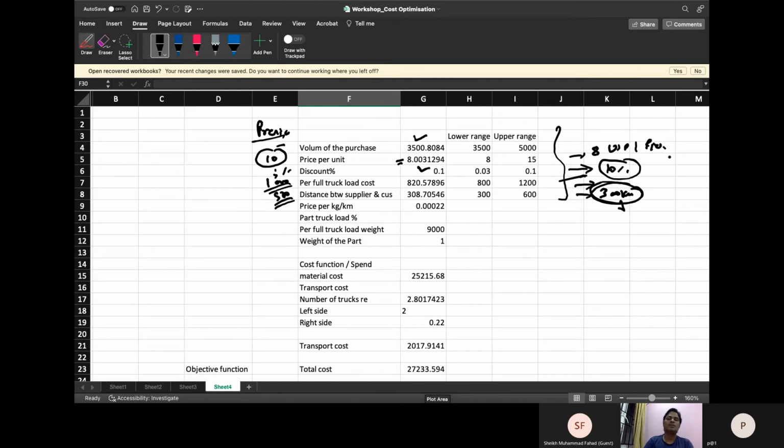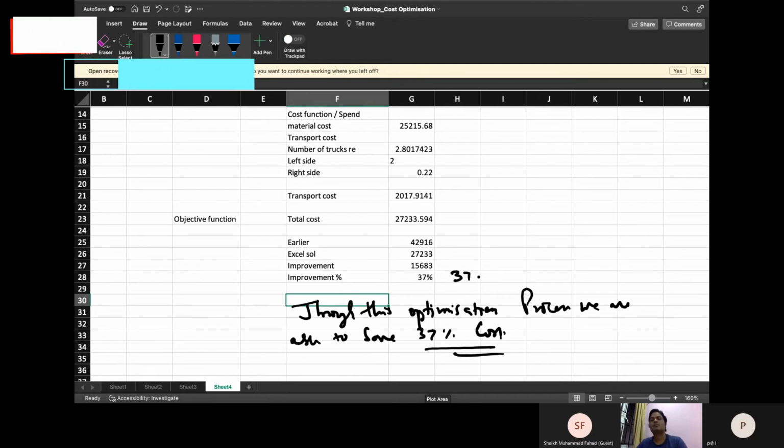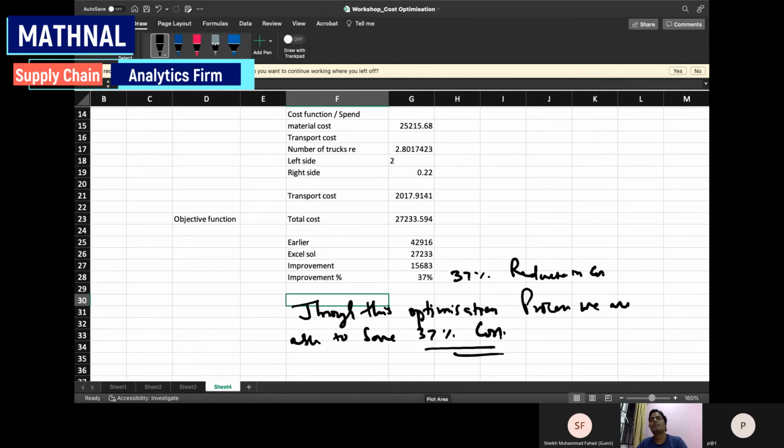And if we follow this, then we can achieve at least 37% reduction in cost.